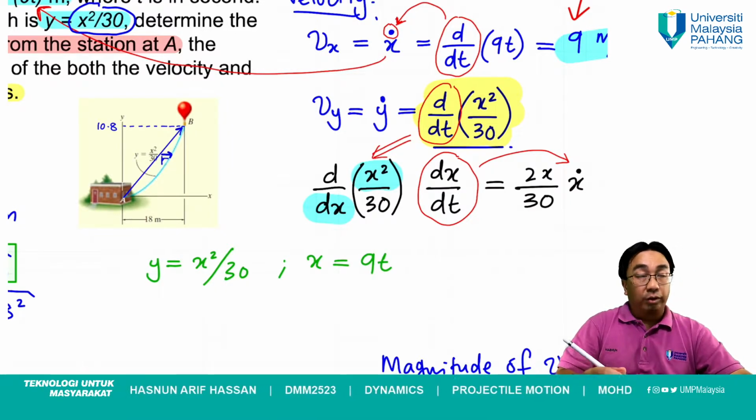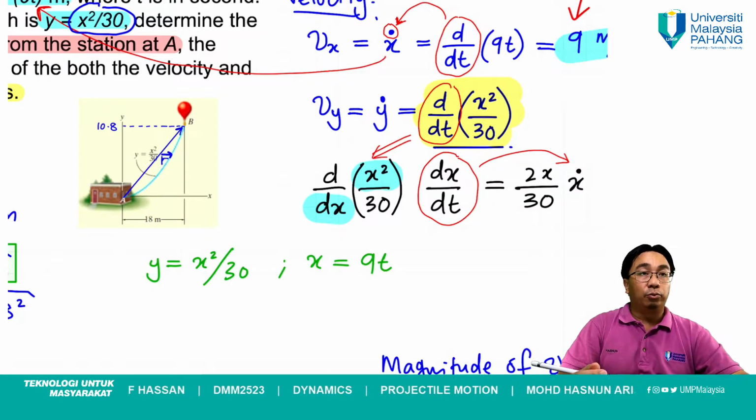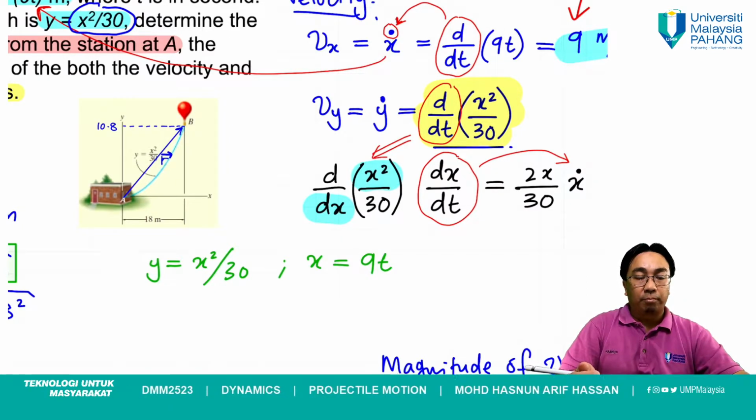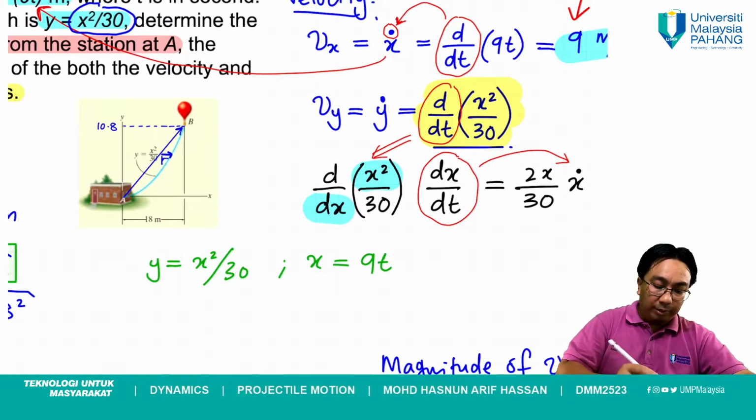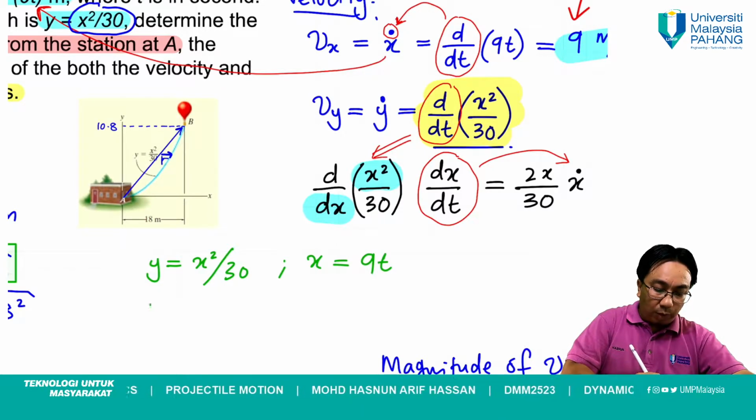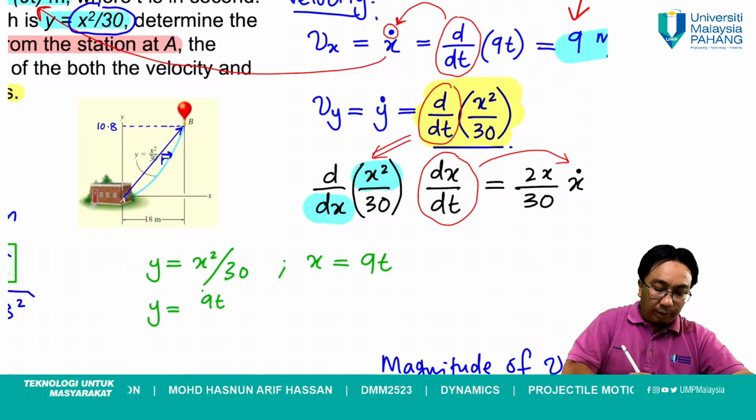So to avoid having to use chain rule, you can substitute straight away. So you do y is equal to 9t, the whole thing squared, divided by 30.